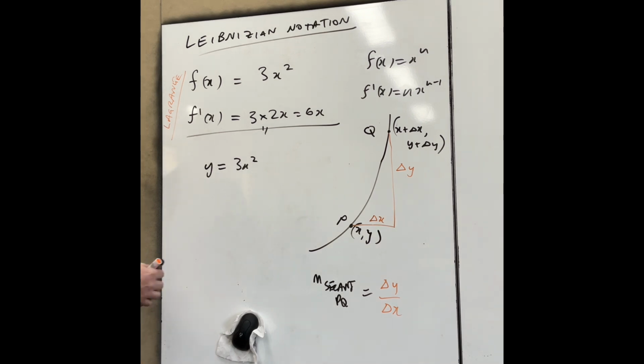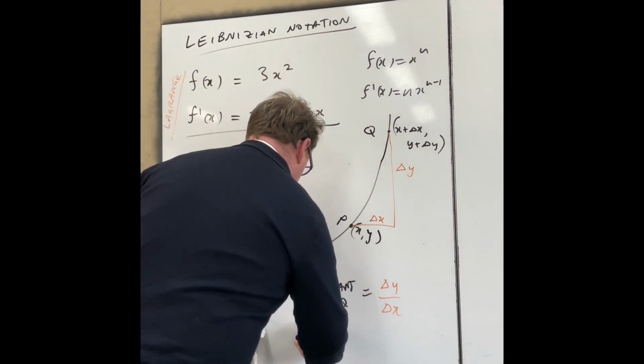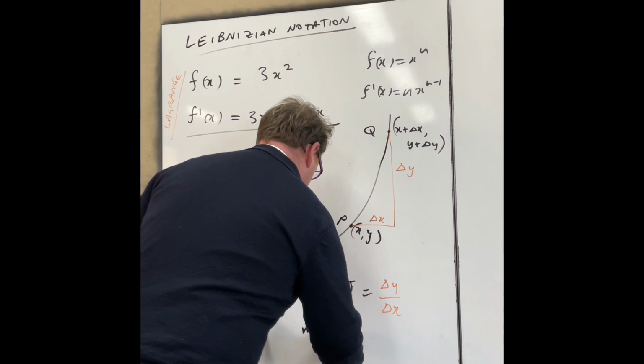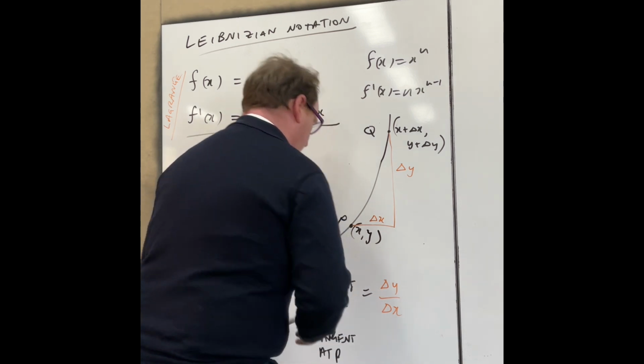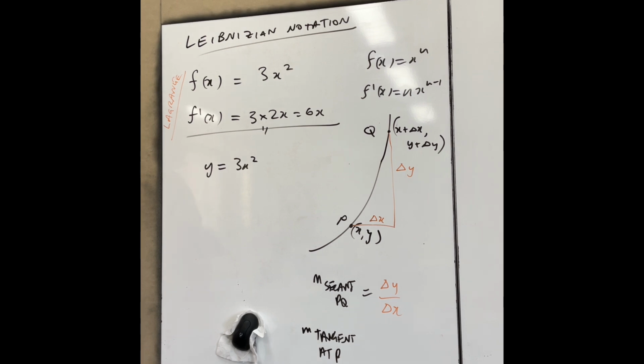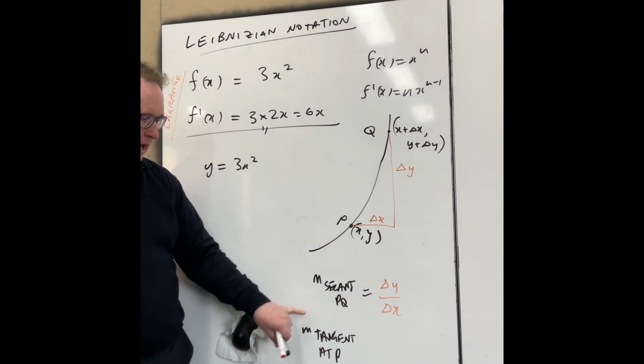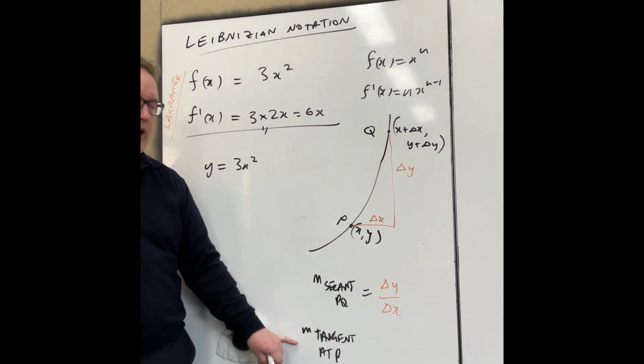Now, do you agree that the gradient of the tangent at P is obviously what? Hands up. Some of you use this as your sitting down fact. How do you find the gradient of a tangent? How do you find a tangent?